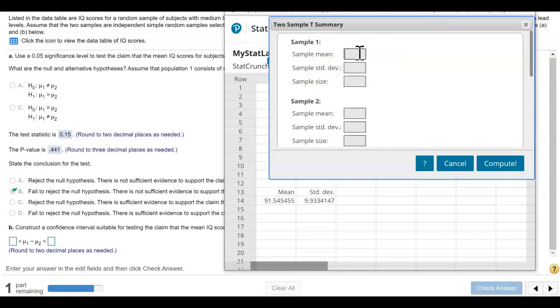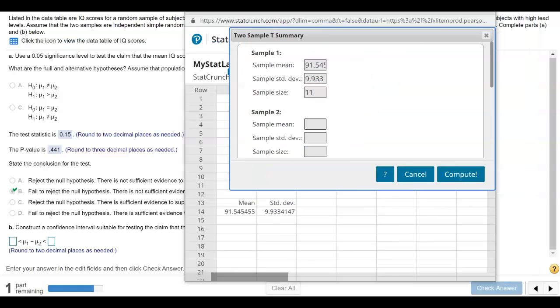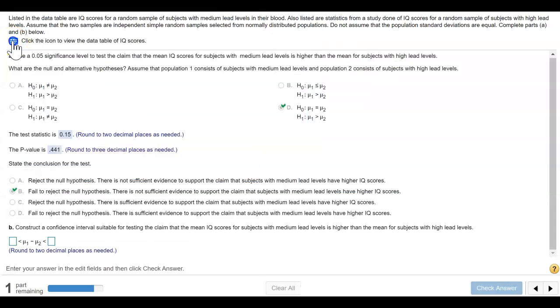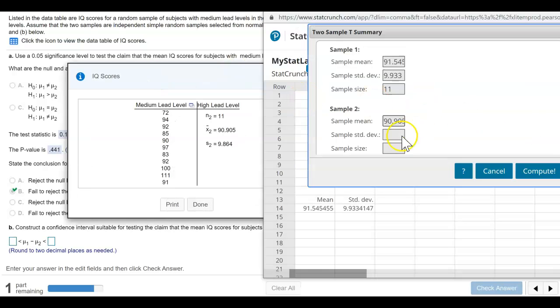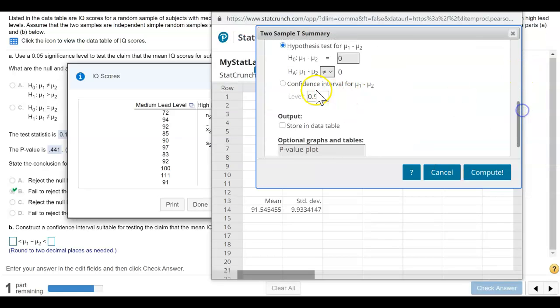Sample mean 91.545, sample standard deviation 9.933, size 11. Sample mean in the second sample 90.905, and sample standard deviation in the second sample 9.864, size 11.